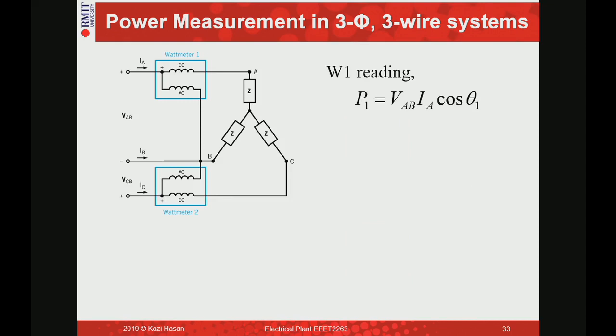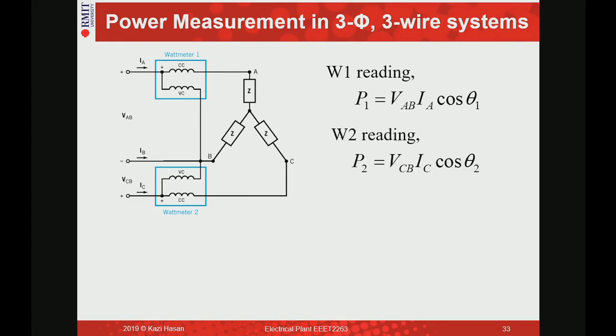Now how do you calculate that? If you look at W1, that is measuring your IA, phase A current, and VAB, the voltage between phase A and phase B. In which case, the angle between VAB and IA is theta 1.